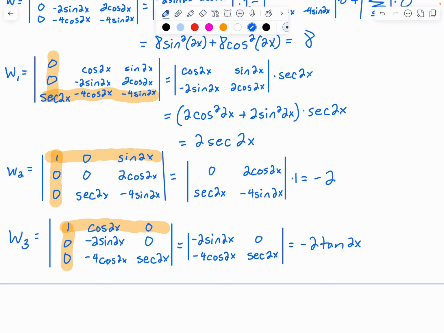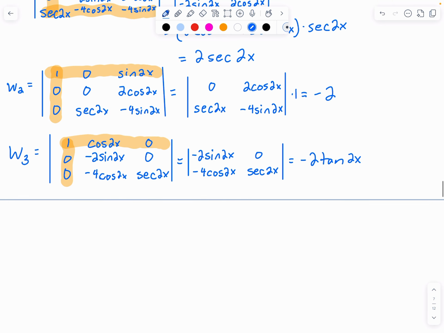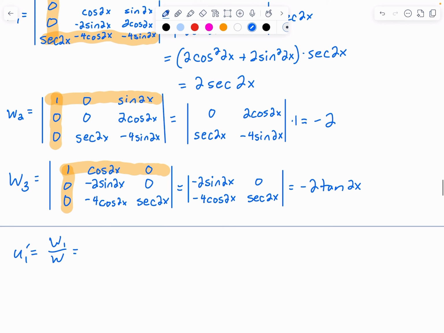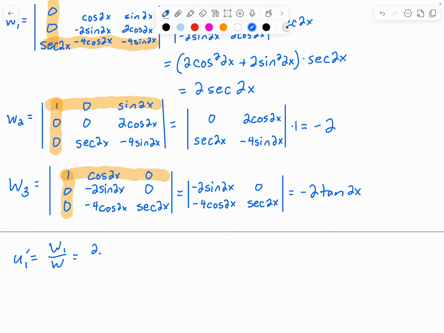All right, so now we can find our solutions. It's going to take some integration. I know that u1 prime is w1 over w. W1 was 2 secant 2x over w, and w I think was a nice pretty 8. So that gets me u1 to be the integral of 1/4 secant 2x.